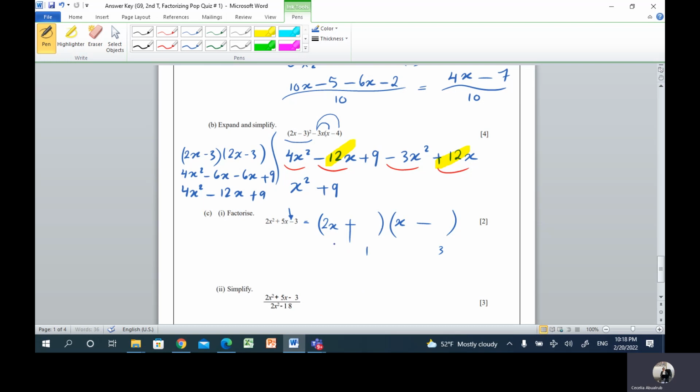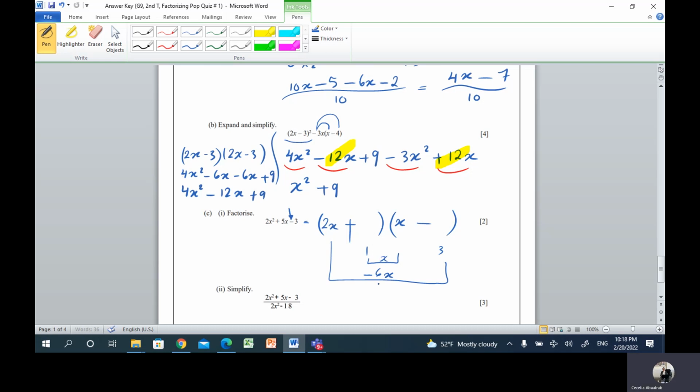Let's check on our work. 2x times 3 gives us 6x, and 1 times x gives us x. 2x times negative 3 gives us negative 6x, and 1 times x gives us x.